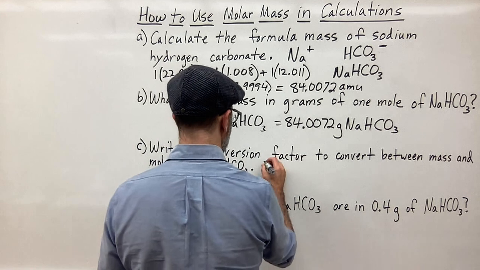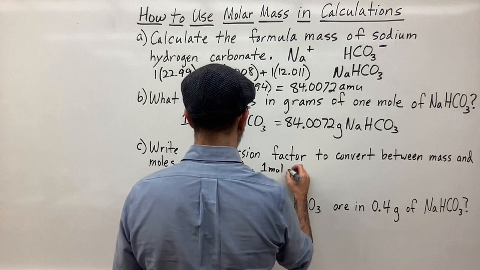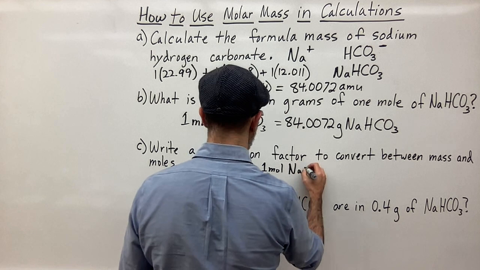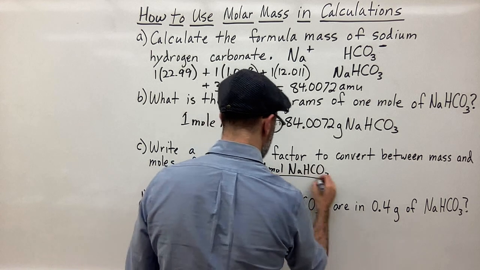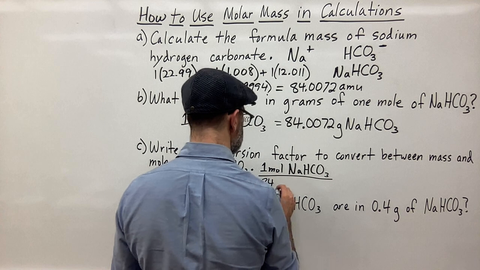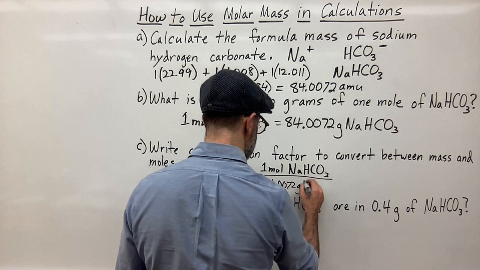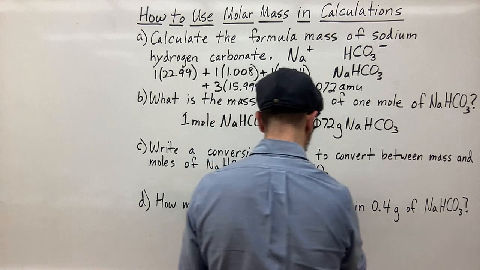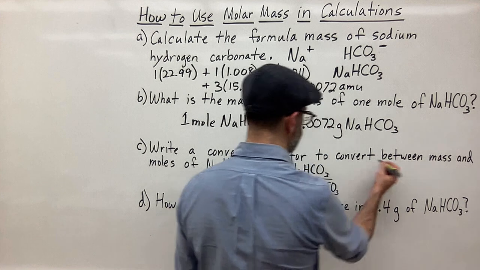You can have moles on top, 1 mole of the NaHCO3 over the grams, 84.0072 grams of the NaHCO3. Or you could do it the other way.